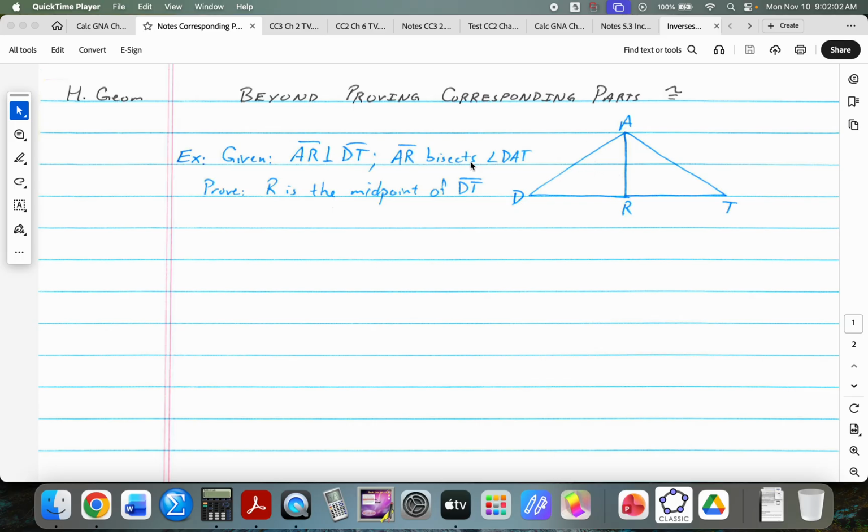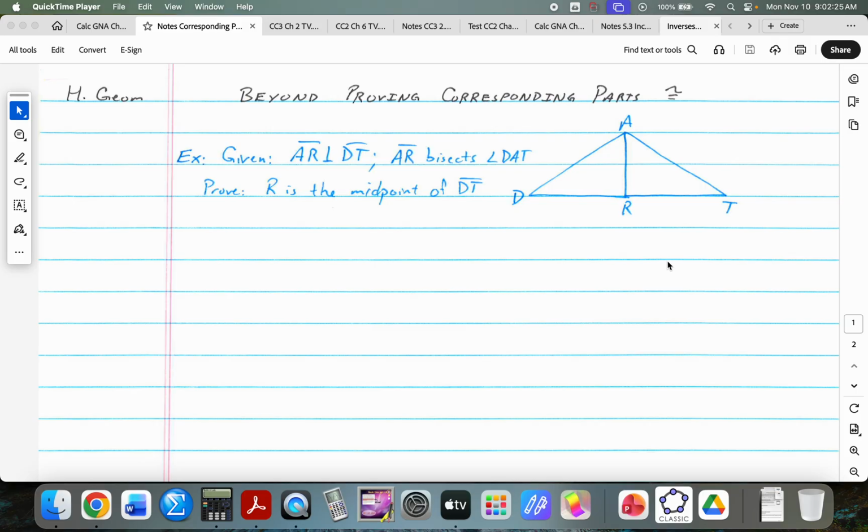we have some information about the triangles, and we're trying to prove that R is the midpoint of segment DT. So what do we need to know before we can say that R is the midpoint of DT? Triangle DAR is congruent to triangle TAR.